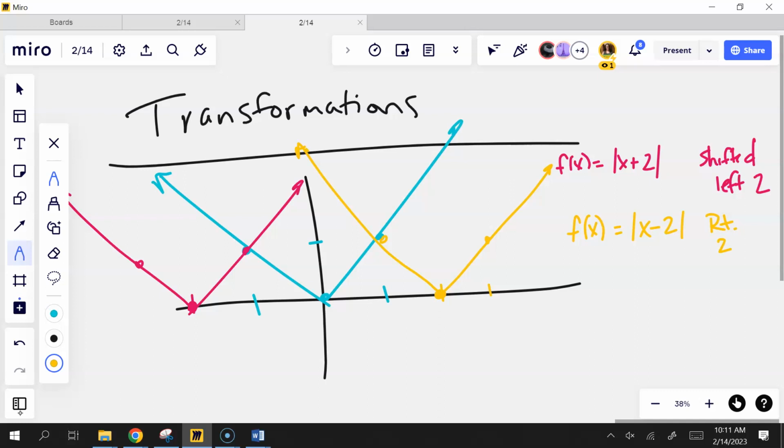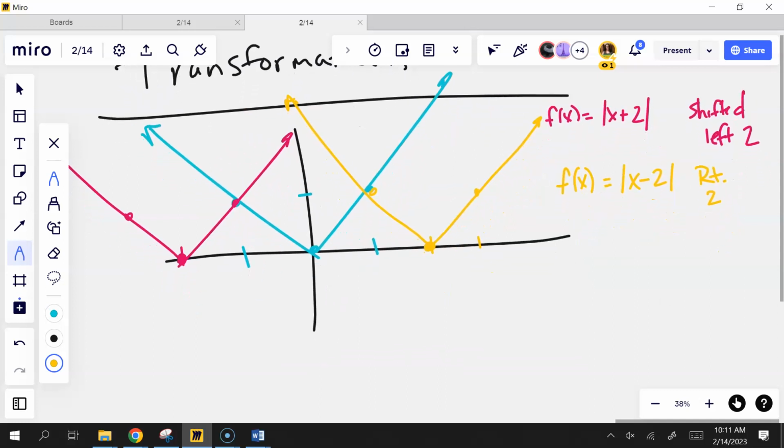So I want you to make a conclusion here. If I add something to the x or subtract something, what is going on? It's moving left to right. That's exactly right. So if you look over on the right side, the very first line on your table there says f of x plus h.